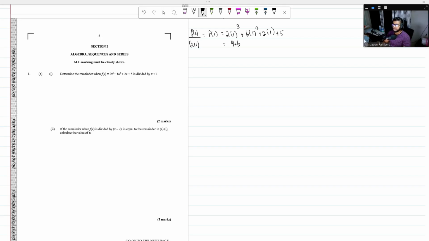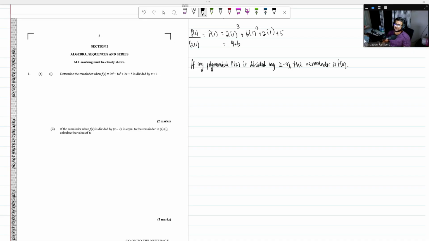Now I used the remainder theorem here, so I'll quote the remainder theorem. If any polynomial f of x is divided by x minus a, the remainder is f of a.